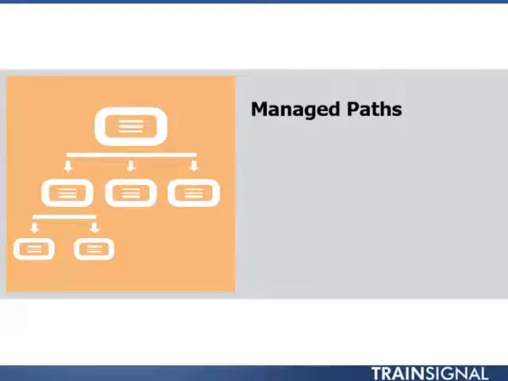So what exactly is a managed path? Well, managed paths are not connected to content, but they are managed locations where content will be created. In other words, we're going to identify exactly where our content is going to live, where it's going to be created, where on that SharePoint server in that content database, SharePoint will be able to find that data.